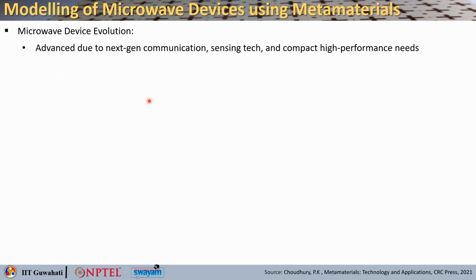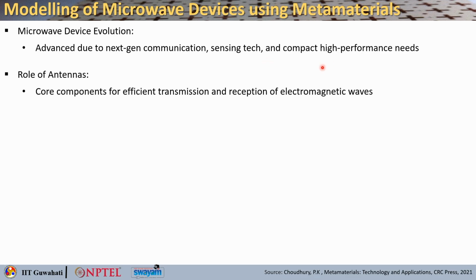So, we have seen microwave devices have evolved significantly over the past few decades, mainly driven by the demands of the next generation communication systems, sensing technologies and compact high performance components. Among these devices, antennas serve as the fundamental building blocks responsible for efficient transmission and reception of the electromagnetic waves.